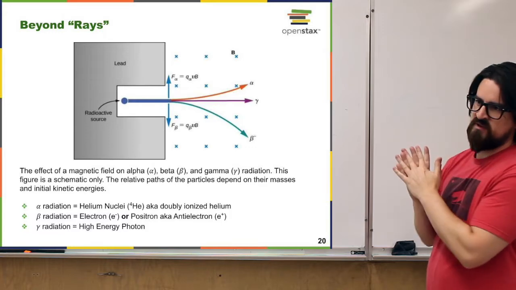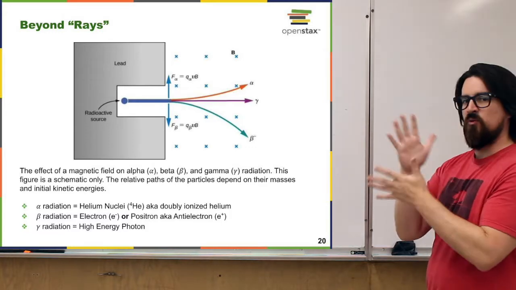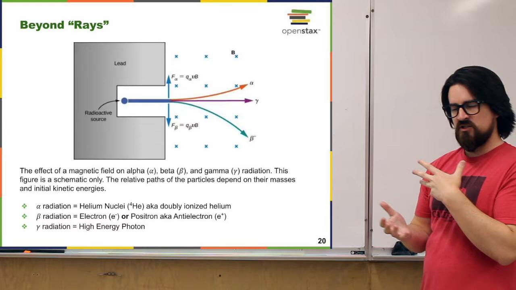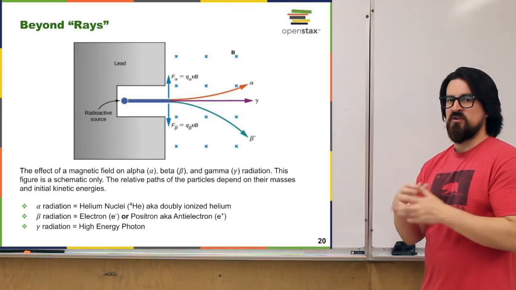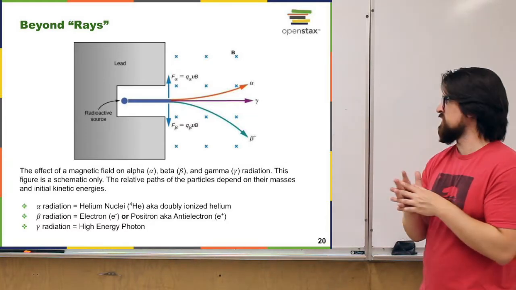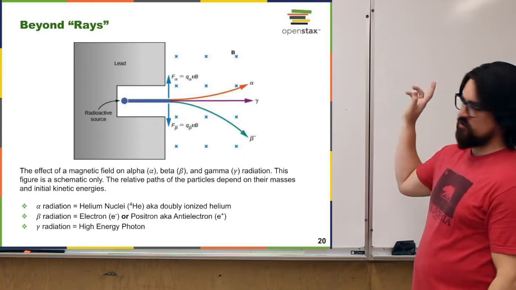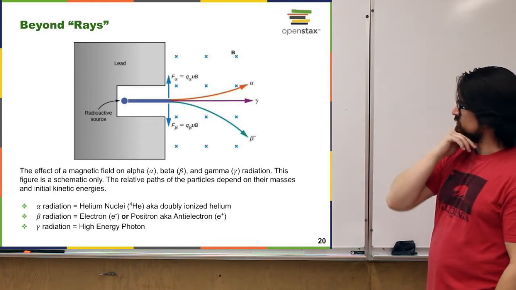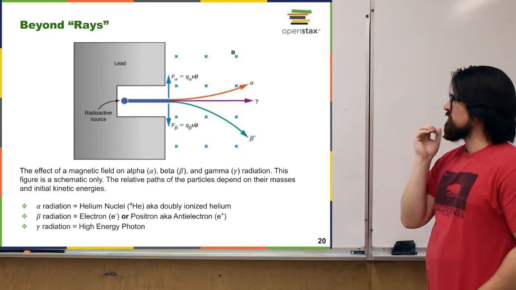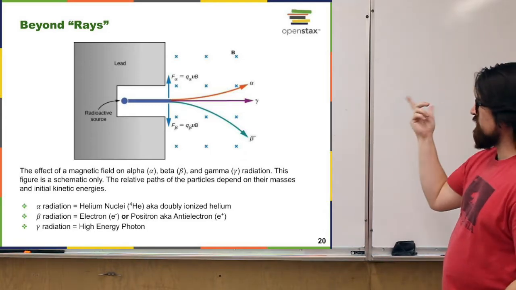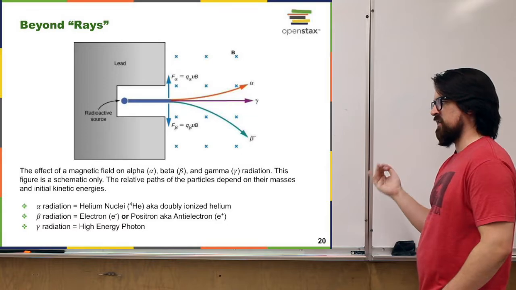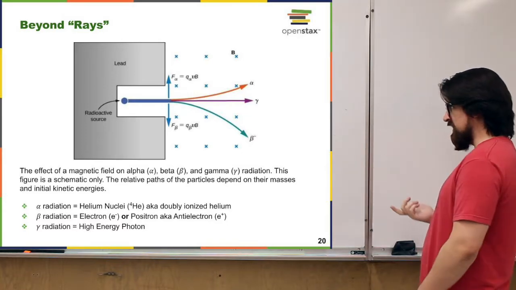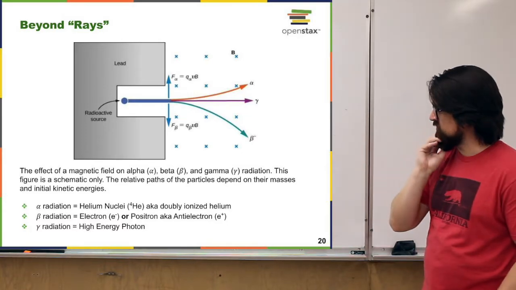So from just this one experiment, you can get at what the charge is, if it is charged, and possibly at what the mass is, or at least the charge to mass ratio. Use your right-hand rule for a Lorentz force, charged particle moving through this magnetic field. You'll see that the alpha ray was positively charged, the beta ray, or at least the standard beta ray, negatively charged. Gamma ray wasn't charged at all.